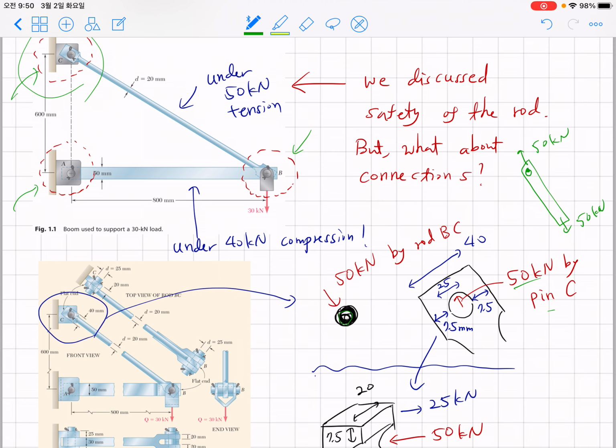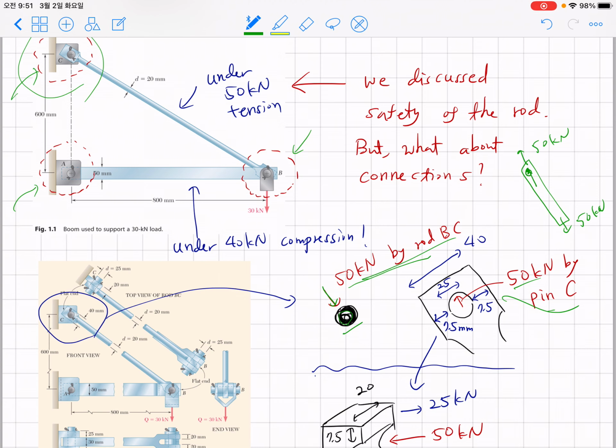So the pin is applying 50 kilonewton here, and as a reaction, pin C will have a force in the opposite direction, 50 kilonewton in this way. So this is an action and reaction pair in Newton's third law.